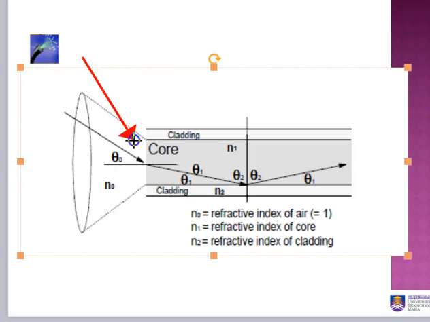If the light comes in at an angle greater than the acceptance angle, the angle here is less than the critical angle, so the light will not be reflected but will be refracted. So most of the light which is outside the acceptance angle cone, which is outside the numerical aperture opening, will be refracted into the cladding.